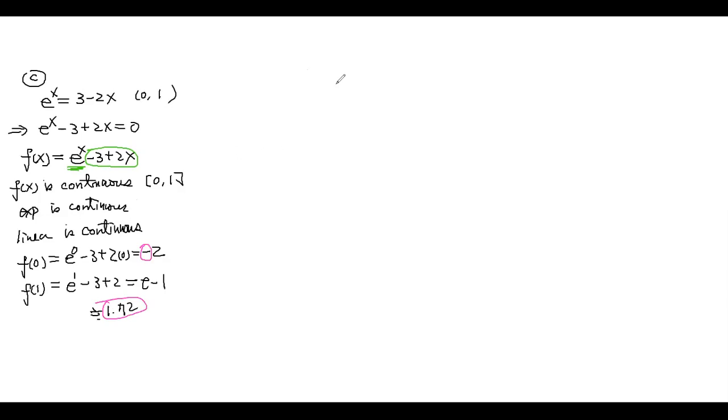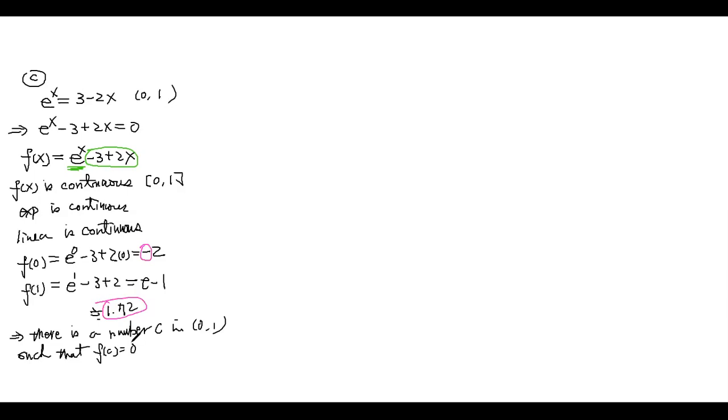So still, as you can see, one is negative, one is positive, and this is continuous. So what happens here? It has to pass, right? So we can say there exists a number c, so at least one number c inside (0, 1), such that f of c equals what?